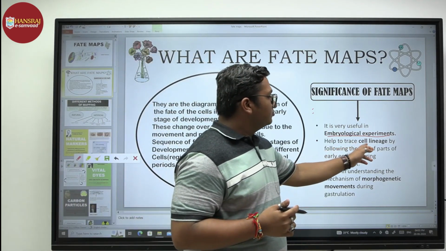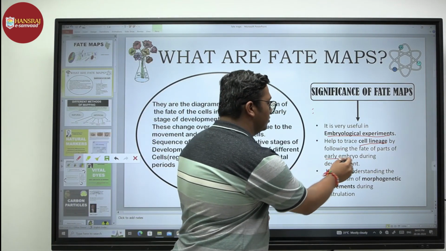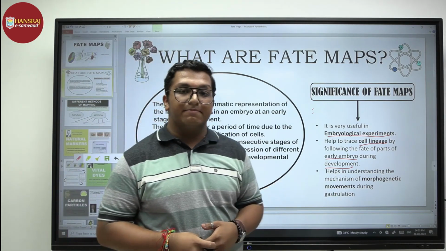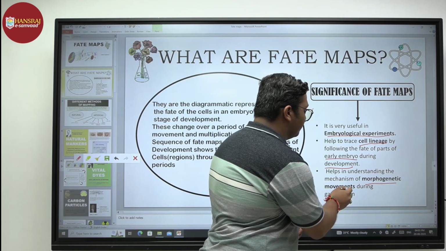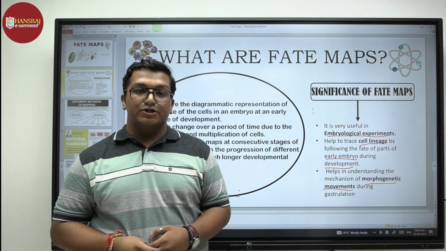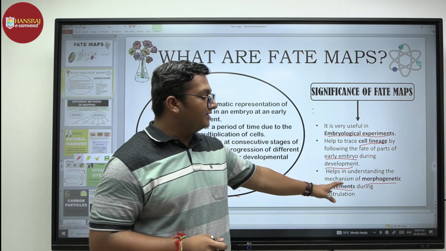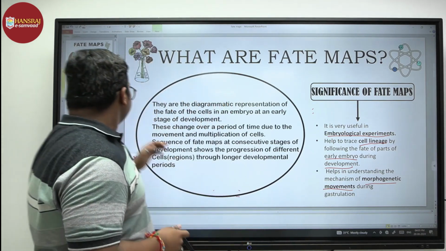So it helps to trace the cell lineage during early embryo development. It also helps in understanding the mechanism of morphogenetic movements. As you all must know, morphogenetic movements are responsible for the formation of germ layers. So we can also understand the mechanism of morphogenetic movements through these fate maps.